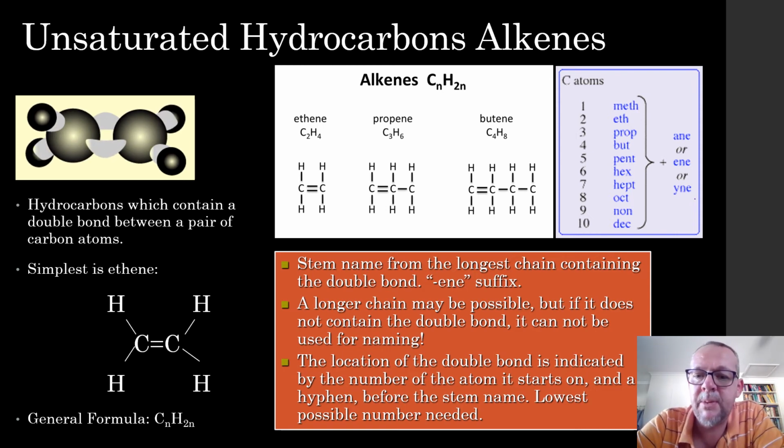A longer chain may be possible, but if it doesn't contain the double bond, it can't be used for naming. The location of the double bond is indicated by the number of the atom which it starts on and a hyphen before the stem name. The lowest number possible is needed. So this would be but-1-ene if I were to name that more precisely.